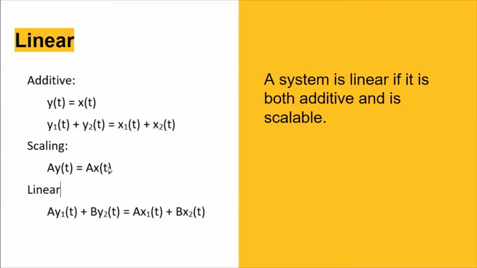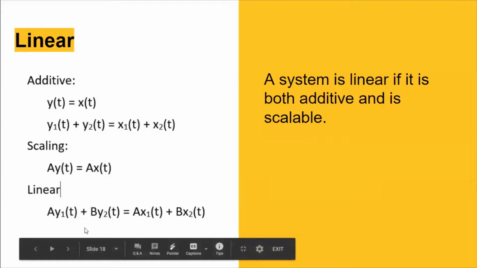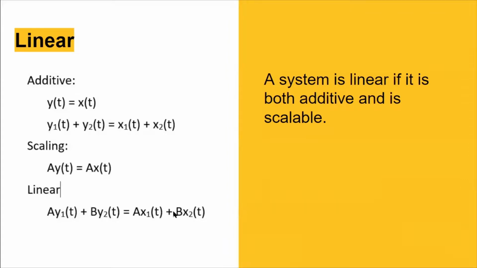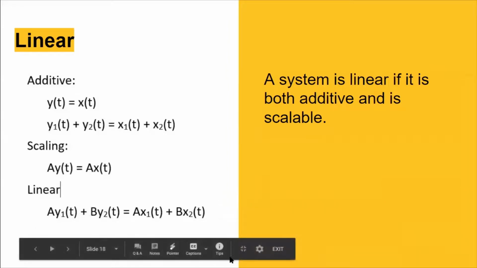To be linear, it has to obey both of these rules. At the very bottom, you see there's a clever way where we can combine all the rules together. So if you have a system that obeys all of these rules and can be rewritten like this, then that system is linear.